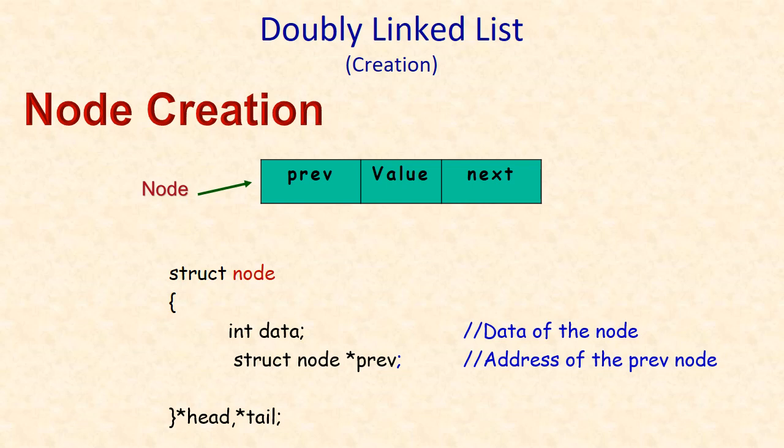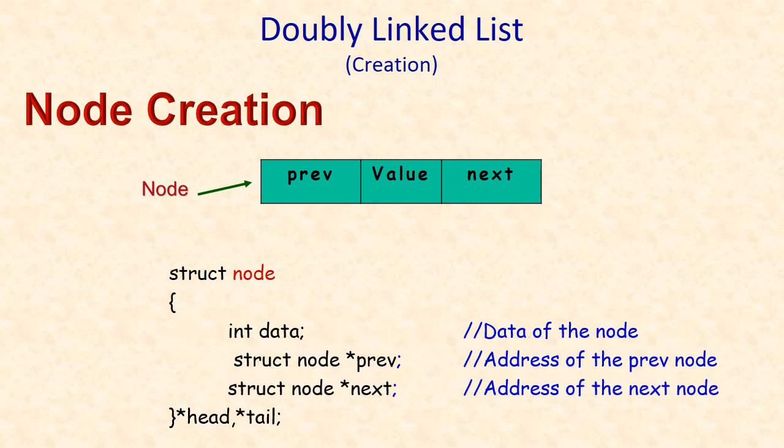Similarly I have another pointer next to hold the address of the next node. I am also declaring two pointers, head and tail. Head refers to the first node, tail refers to the last node of the list.